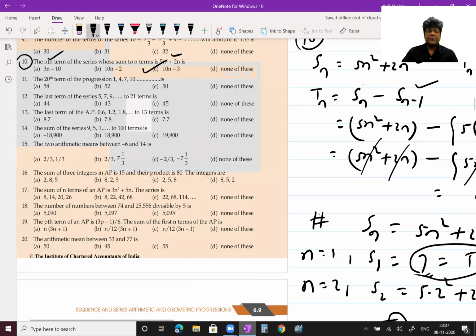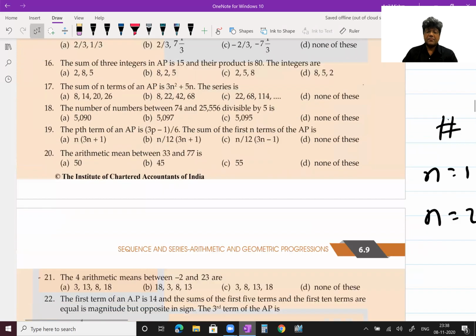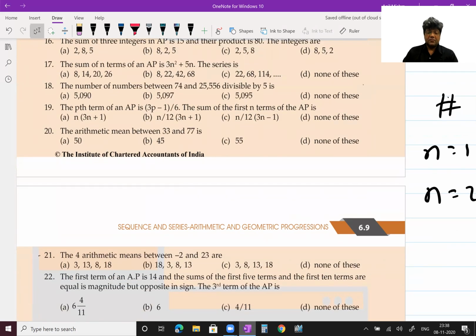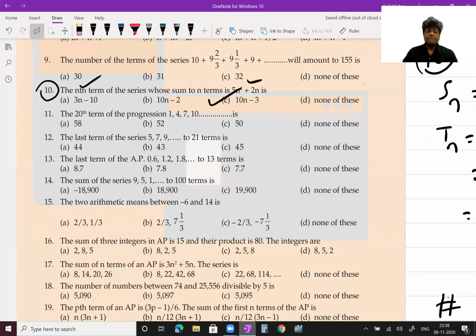Now, next question. All these are the same type. The 20th term of the AP, the last term of the AP, that is the nth term, the sum of the series, 2 arithmetic means between minus 6 and 14.